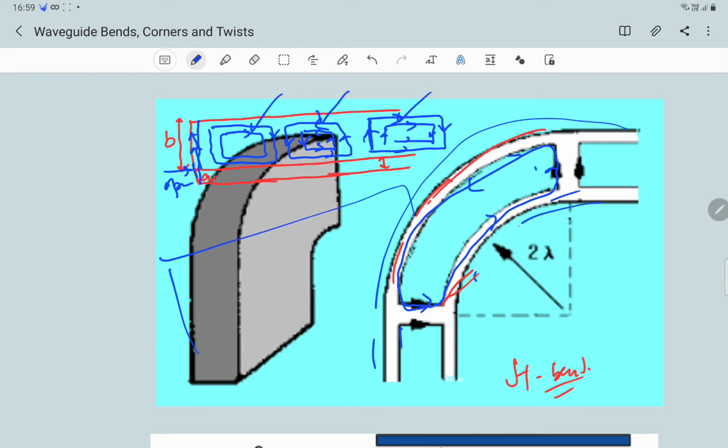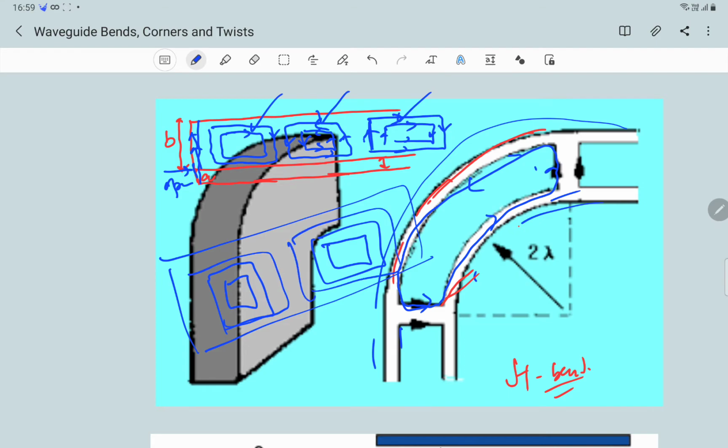Otherwise, ordinarily, if we have a straight waveguide, the magnetic field would look like this. If it is clockwise, for example, this one would be anti-clockwise, because after every lambda g by 2 the directions change. It would be clockwise in one half wavelength and anti-clockwise in the other.